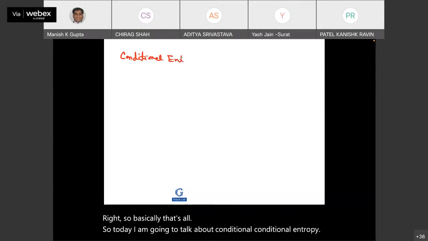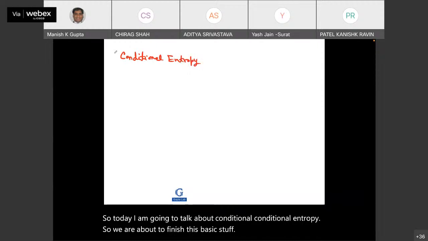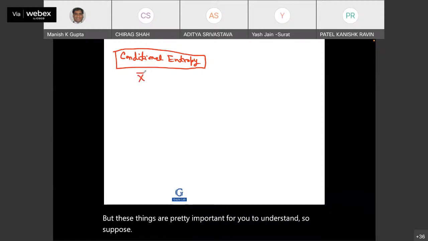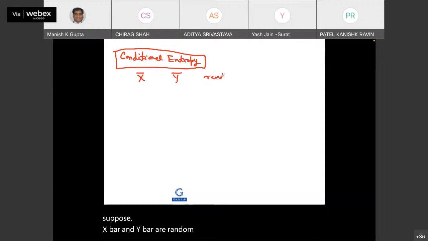We are about to finish this basic stuff. Then the course is really fun after that, but these things are pretty important for you to understand. So suppose X bar and Y bar are discrete random variables.